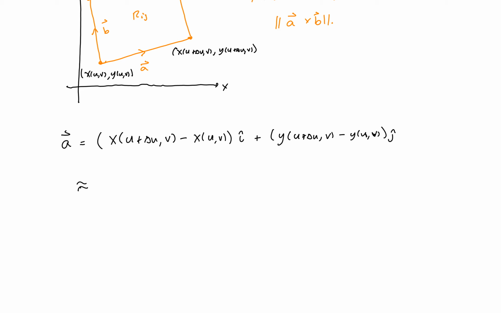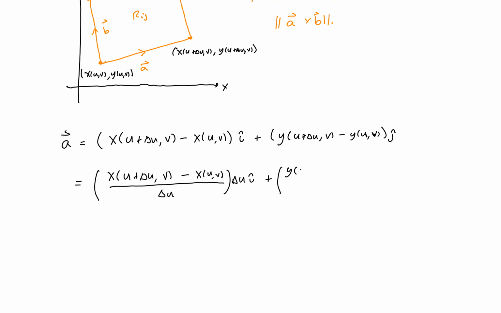So this is approximately delta x over delta u, but I need to put that delta u in the bottom. Let's write this out a bit more carefully. I can write this as x of (u plus delta u, v) minus x of (u, v), over delta u, and then multiply that by delta u, i.